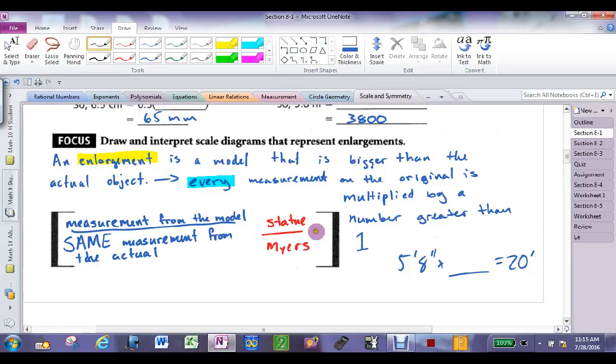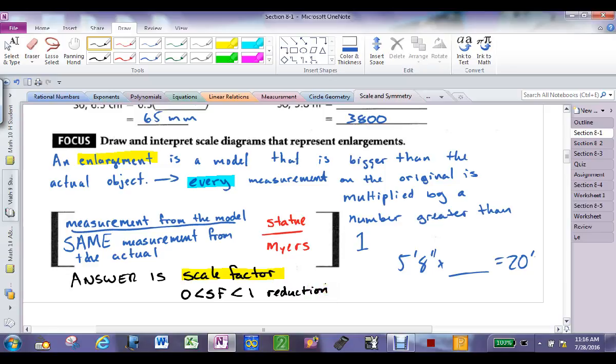This answer, when you do this division, is called the scale factor. If my scale factor, my SF, is greater than 0 but less than 1, I have a reduction.